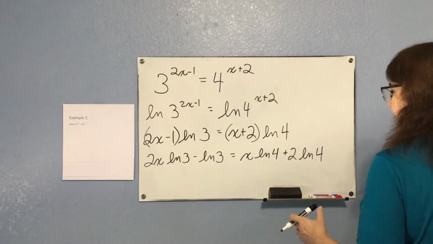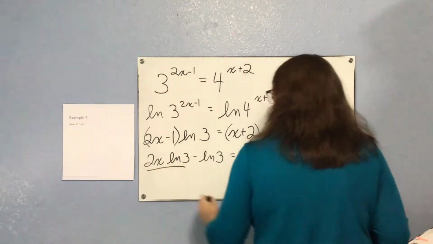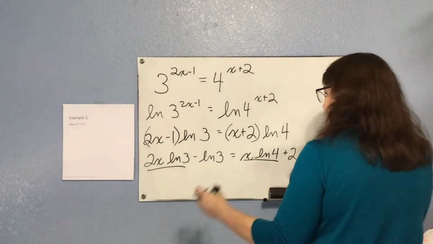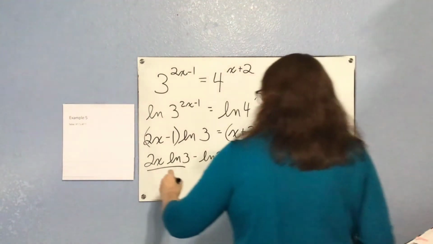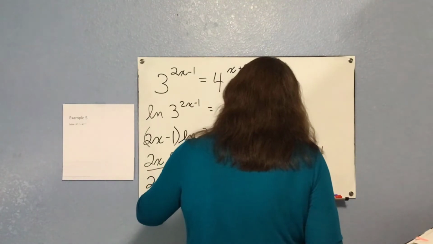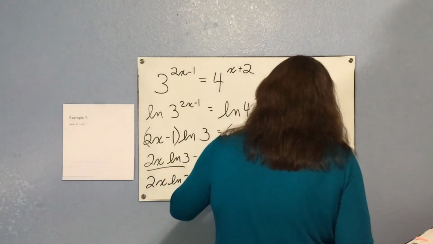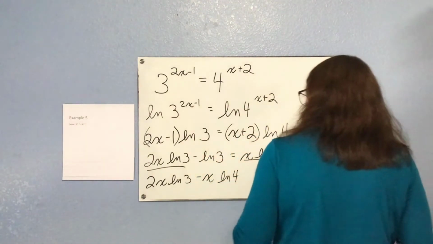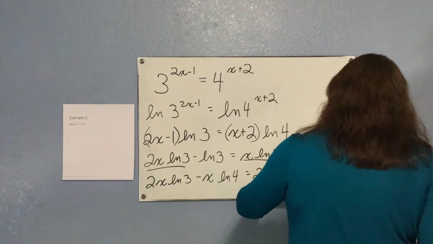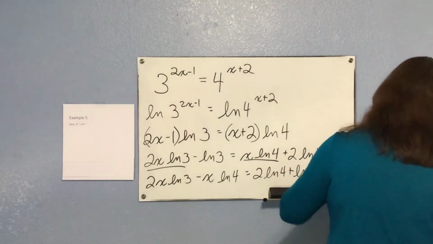Okay, so now I've got two terms here that contain an x and two terms that do not contain an x. So I'll put all my x's on one side. So I'm going to have 2x natural log of 3 minus x natural log of 4 is equal to 2 natural log of 4 plus natural log of 3.